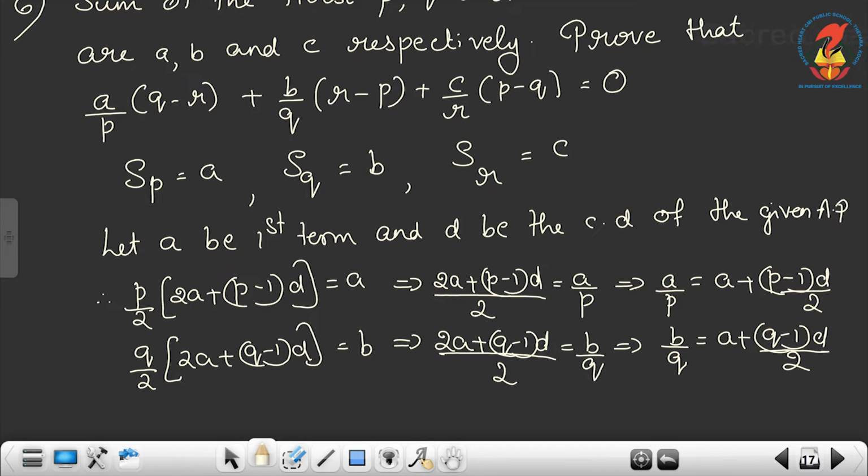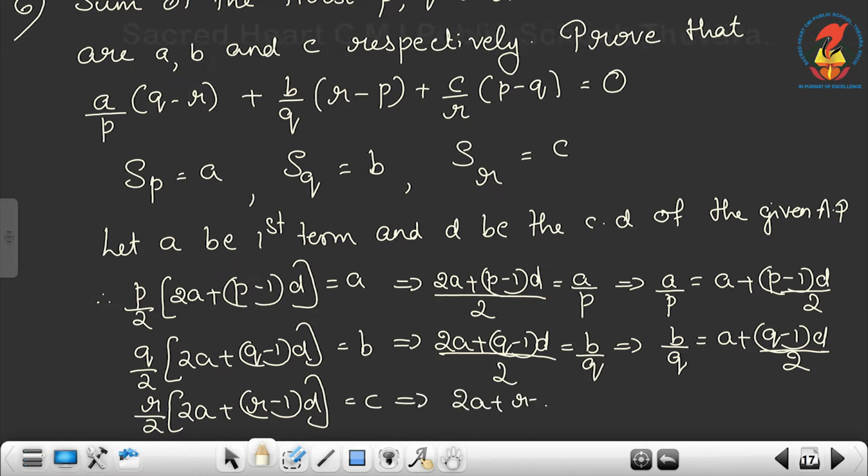The last one is SR. SR is R by 2 into (2A plus (R minus 1) into D), that is given as c, so c by R is the same as A plus (R minus 1) by 2 D.